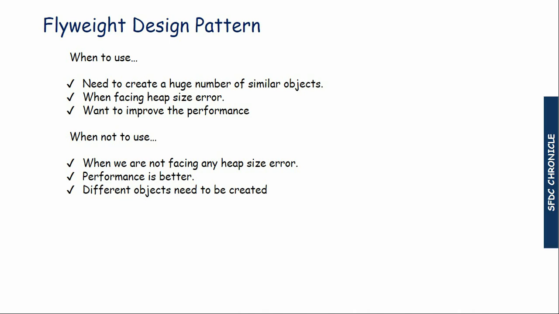Because of memory usage, the performance is going down, but we want to increase it. At that time, just use the flyweight design pattern. But if you are not facing any heap size error message, or your performance is better, or different objects need to be created, not similar objects, then don't go for the flyweight design pattern.